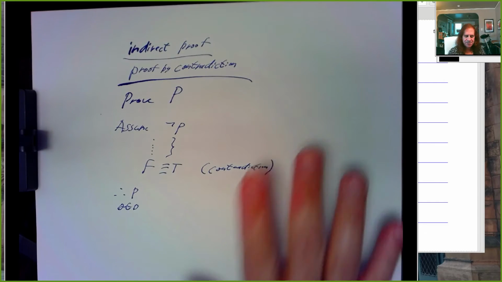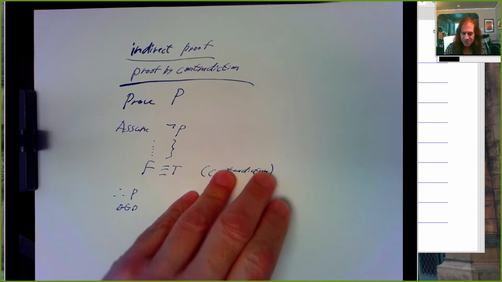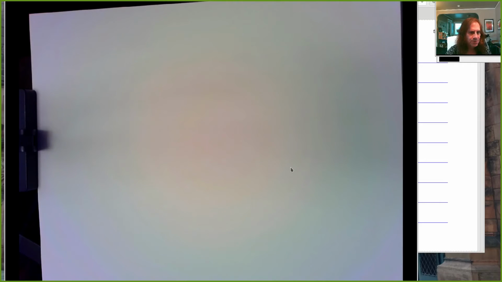All right, we'll come back and see a different version of this and look at a different interpretation of this, but let's actually do this with something. So let's do that same problem that we just did, but with an indirect proof.